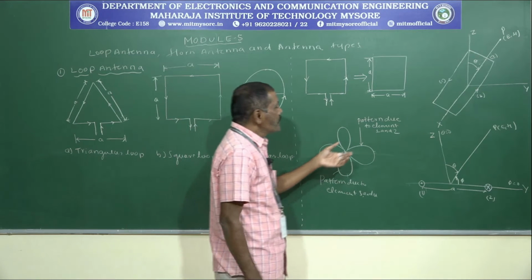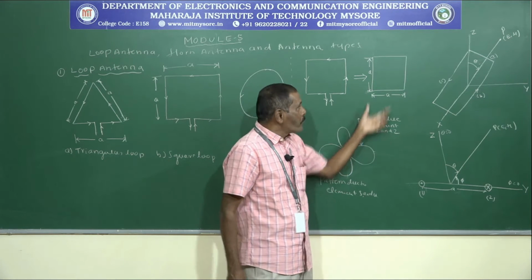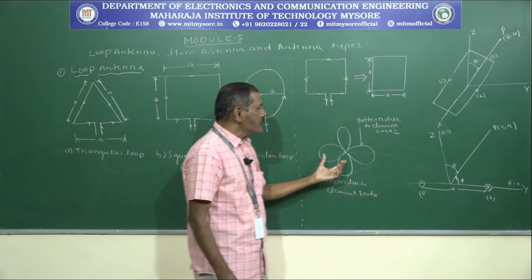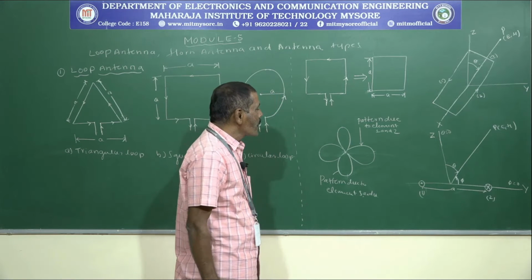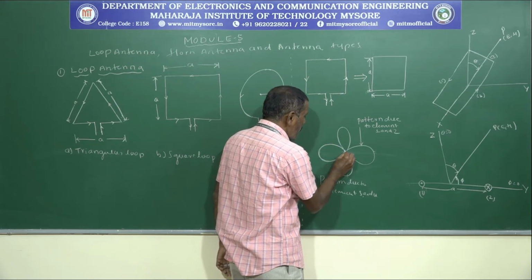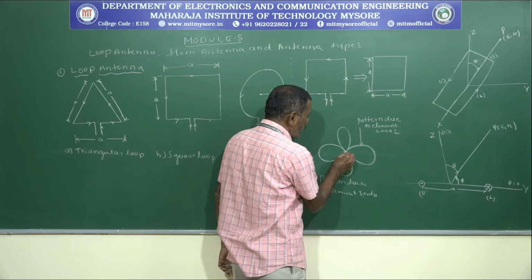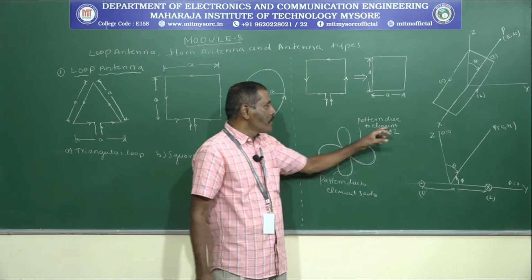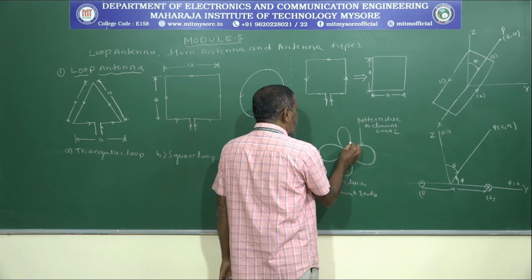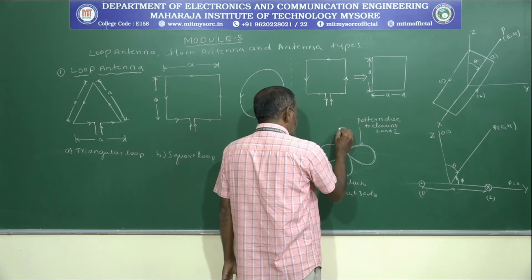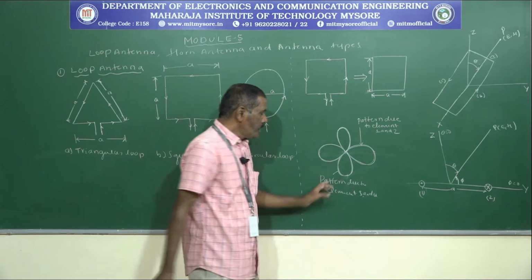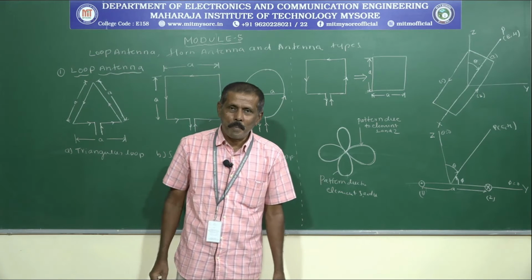Then the radiation pattern produced by these 4 antenna elements, that is 1, 2, 3 and 4, looks like this. This particular pattern is the radiation pattern due to elements 1 and 2, and this is the pattern due to elements 3 and 4.